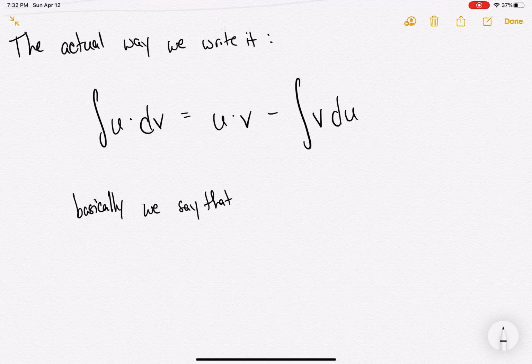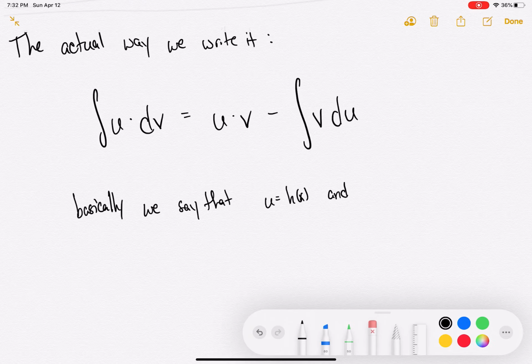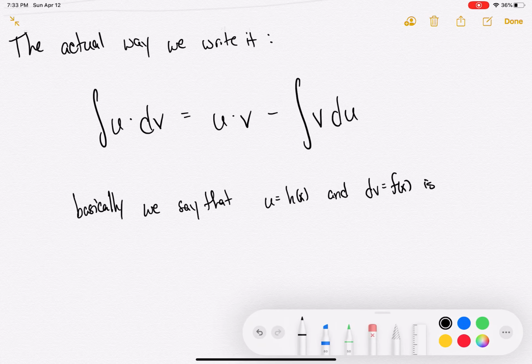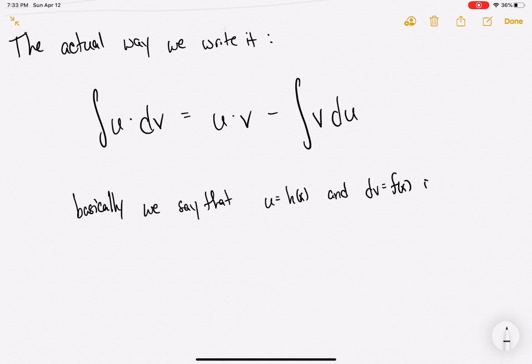So u equals h of x and dv equals f of x, in the above. So that's the way we can think about it.